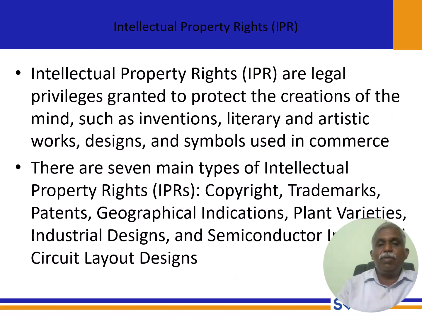First we will see the definition of intellectual property rights. It's a legal protection granted to protect the creation of the mind, such as invention, literature, work, design, sometimes symbols.